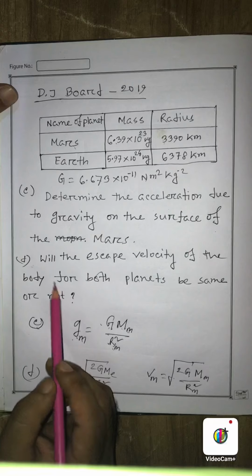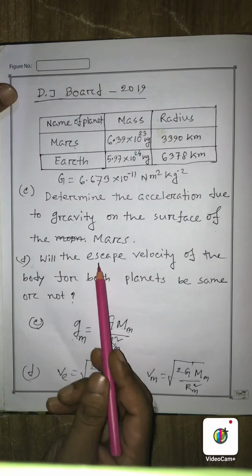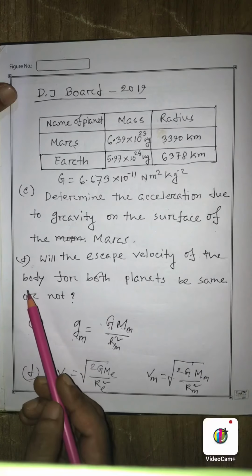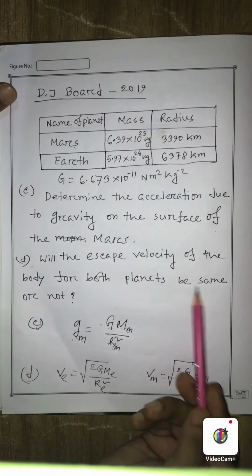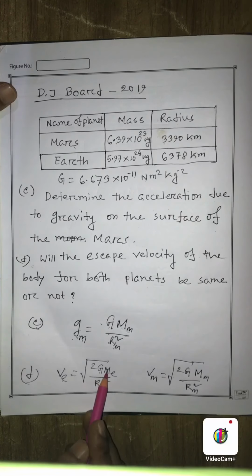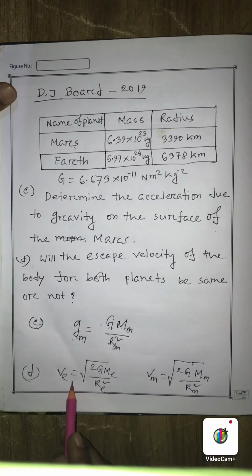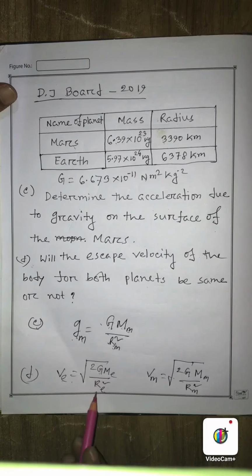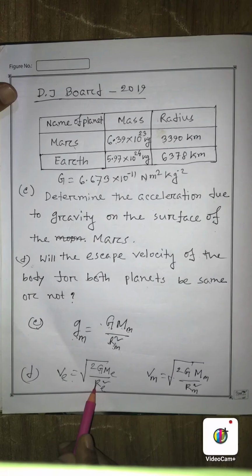Question D is: will the escape velocity of a body be the same for both planets or not? The formula of escape velocity is ve equal to root over 2 G capital M_E by R_E. This is the formula for Earth. Here M_E is the mass of the Earth and R_E is the radius of the Earth.